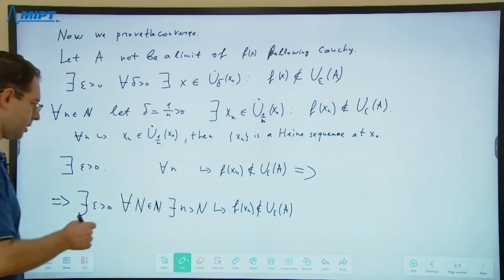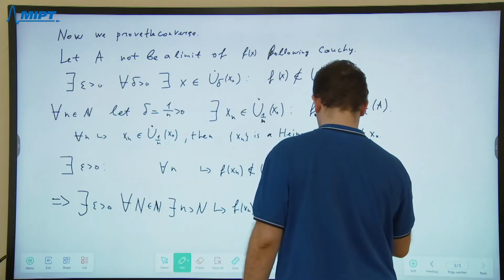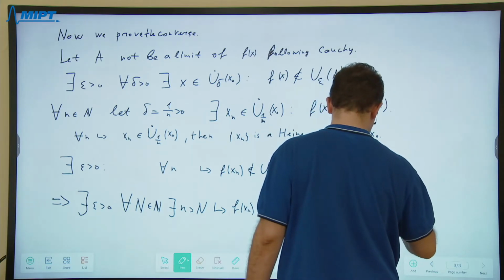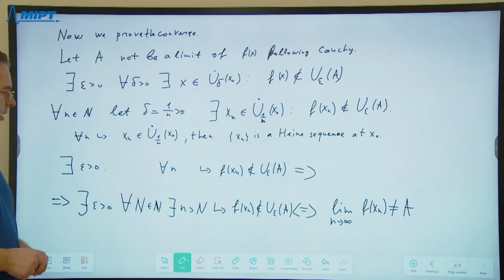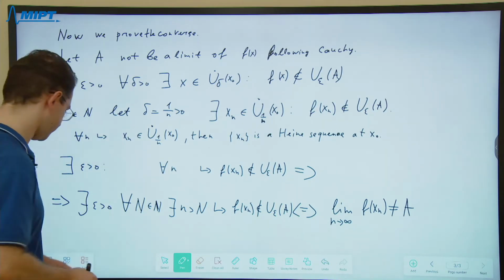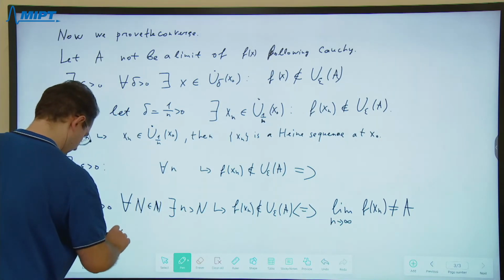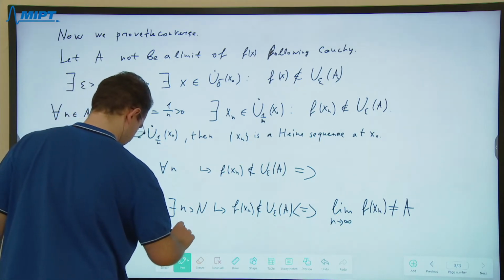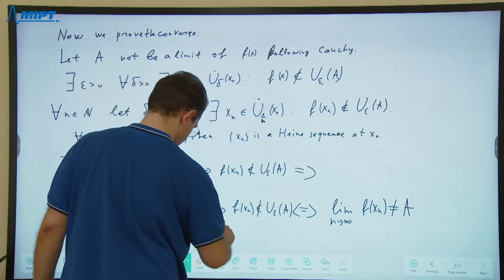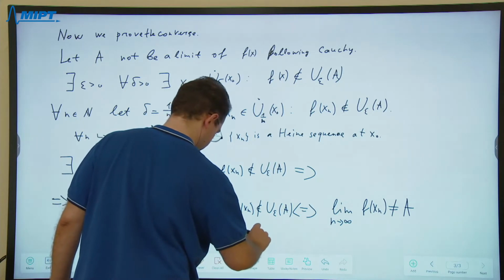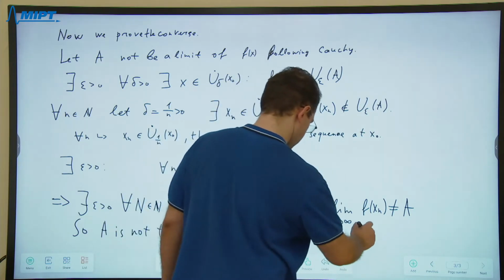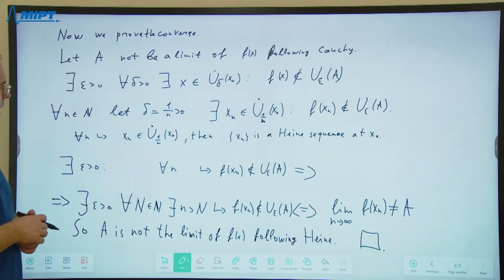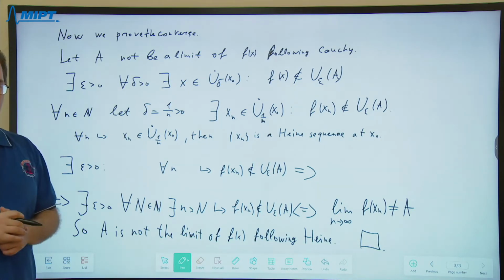And as you can see, this means that the limit of f of xn is not A. So A is not the limit of our function over here. Questions?